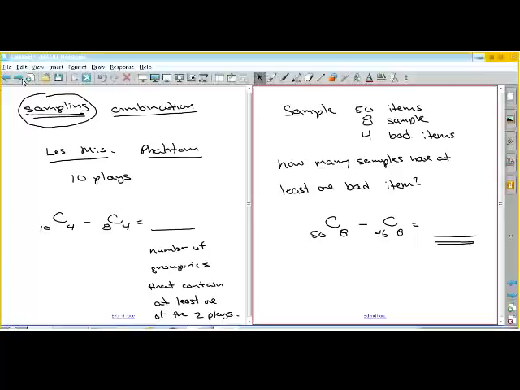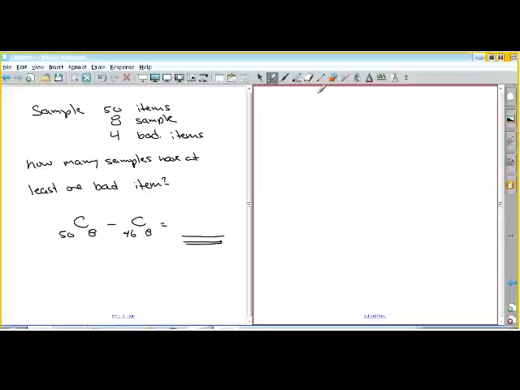Then you have this question of OR. And what that said was that the number of samples that satisfied A or B is equal to the number of samples that satisfied A plus the number of samples that satisfied B minus the number of samples that satisfied A and B requirements.